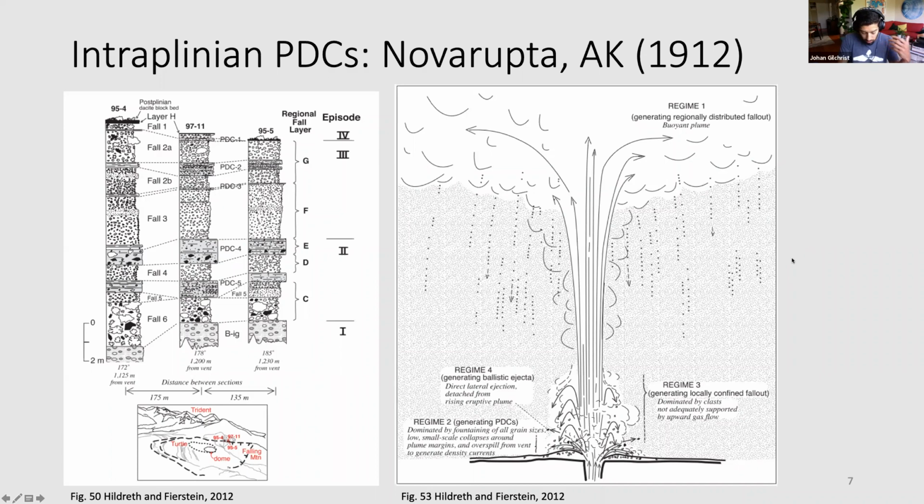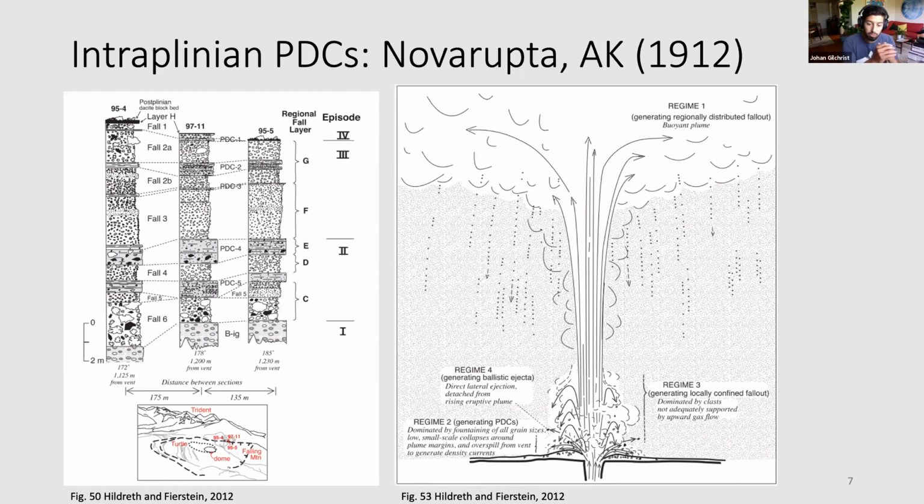And so in the past, when they first saw some of these observations of deposits, particularly for Novarupta, some people suggested that indeed you had the alternation of source conditions between the Buoyant Plume and total collapse regimes.